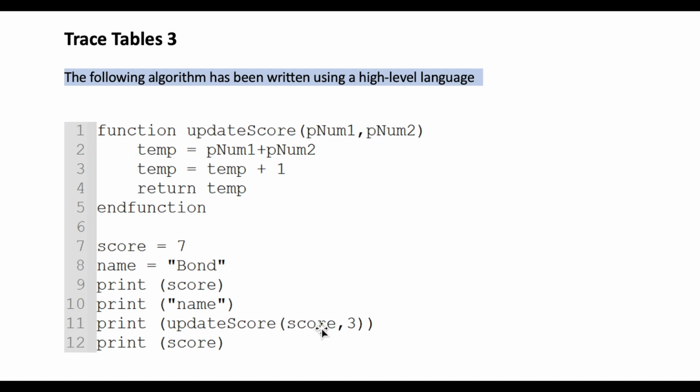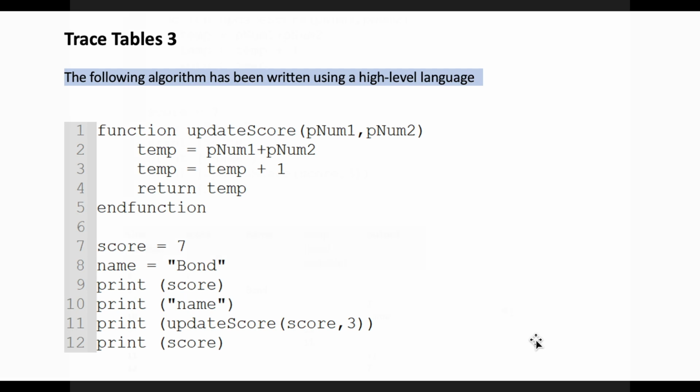We're sending it score, and we're sending it 3. So the return value from this function will go in this print statement. And then finally, we're printing out the value of the score variable. Now, let's check out the trace table to see the contents of the variables line by line.